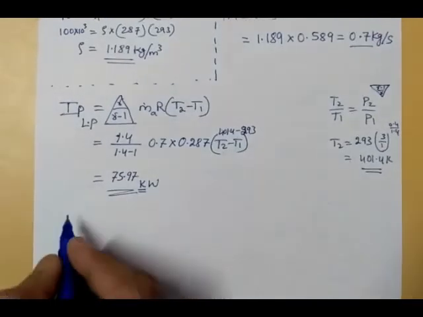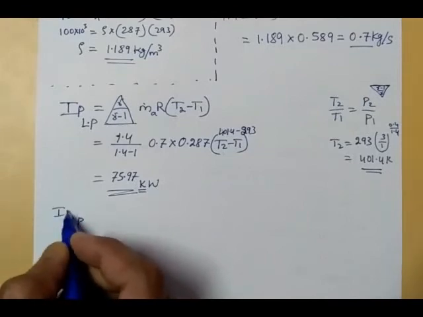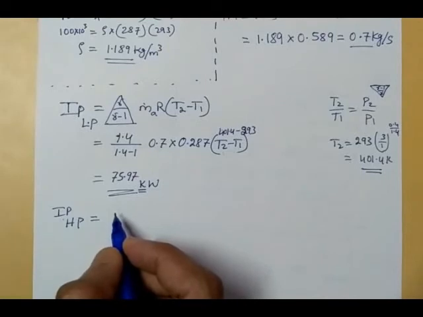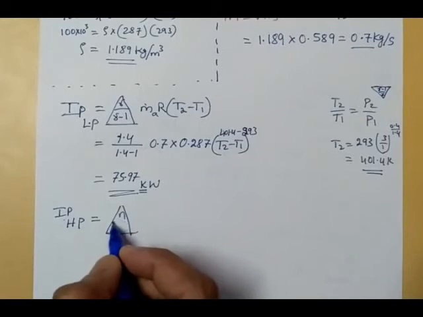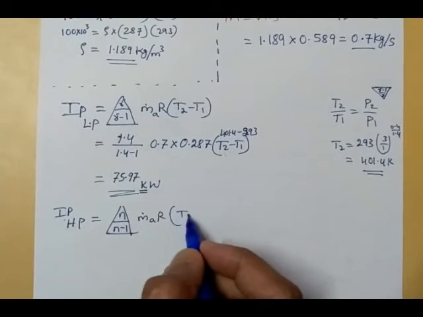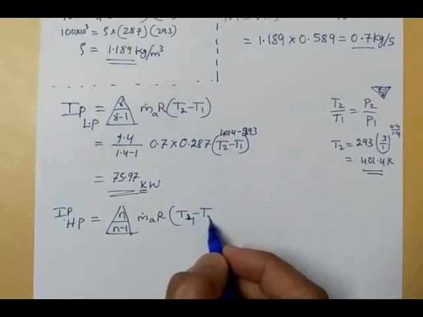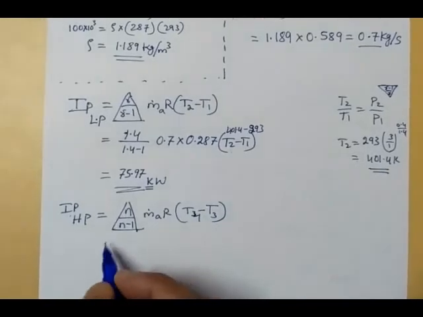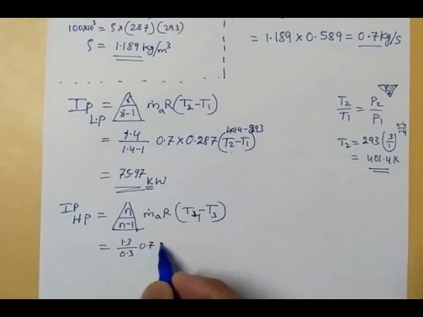Similarly for high pressure compressor, here the equation is same. T4 minus T3, that is 1.3 by 0.3, m 0.7, mass remaining constant same.